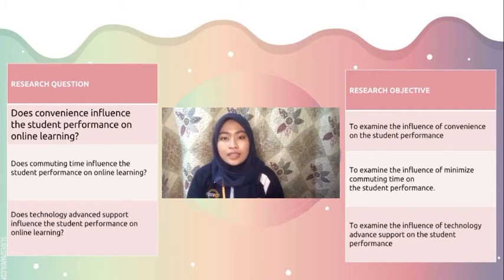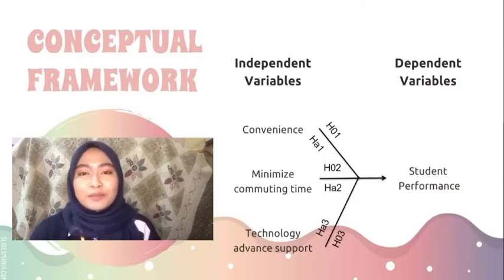And the last is, does technology advanced support influence student performance on online learning? We also want to find out which is the most influential factor that affects student performance at UiTM Seremban 3.